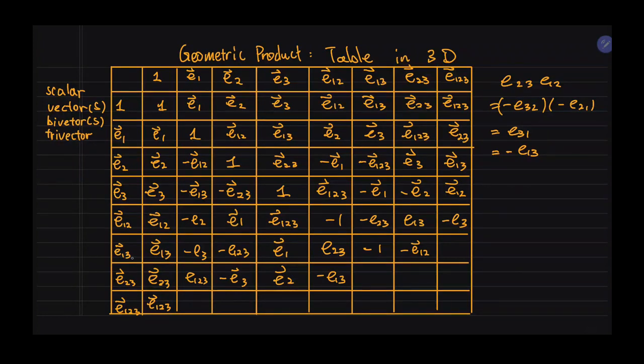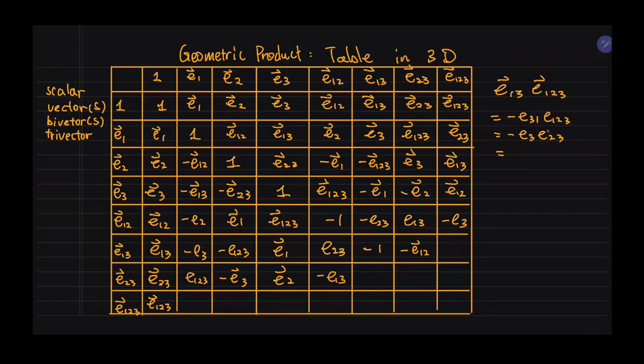So E13 E2, E123. We first swap, E31, then have minus E3 E23.